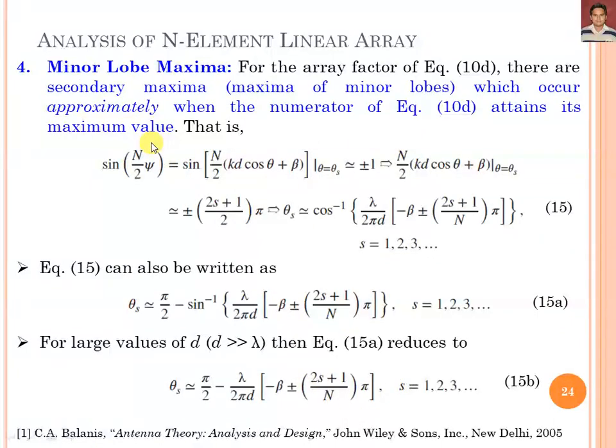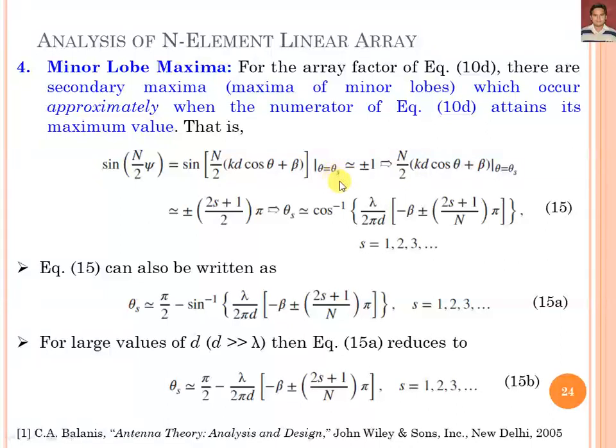The fourth point is the minor lobe maxima, and this is again an important analysis. Using equation 10d, there are secondary maxima of minor lobes which occur approximately, and using equation 10d we can get the maximum value when we approximate sine of n psi by 2 equal to plus minus 1, where theta is equal to theta s.